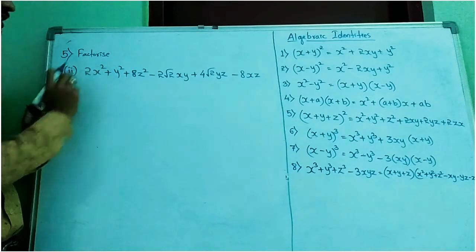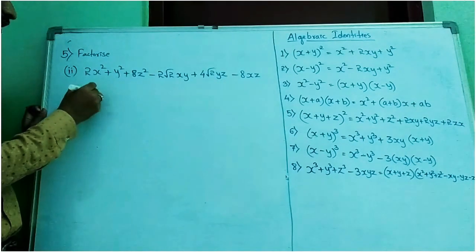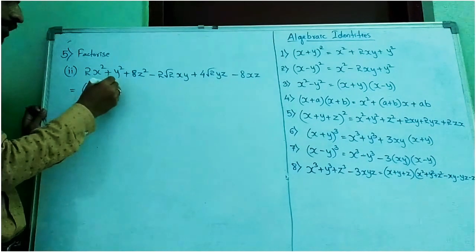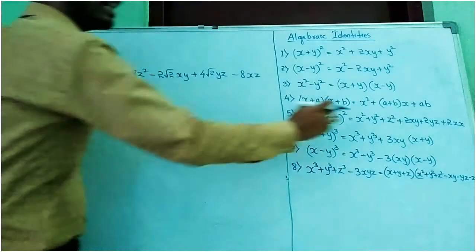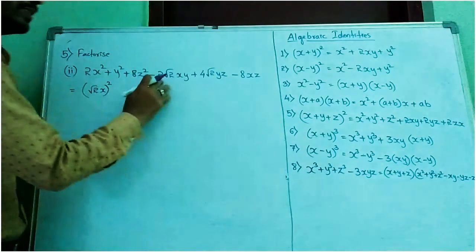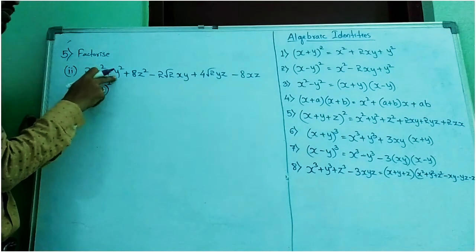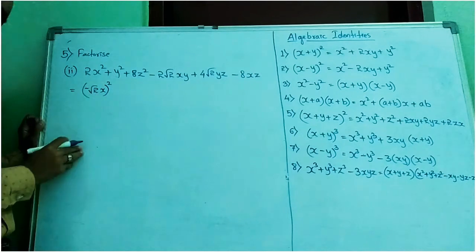Here 2x square is there. If I want it in the place of x square, how do we write that? Root 2x whole square. Okay, and here minus I am getting, so what is that? Plus 2xy. So it means either we will get the minus in x or y. But here y is single, so we will take the minus with y.